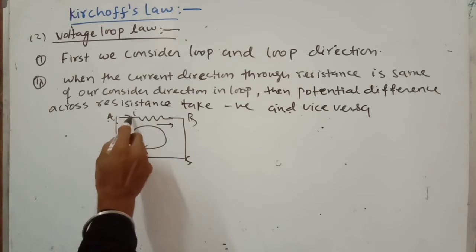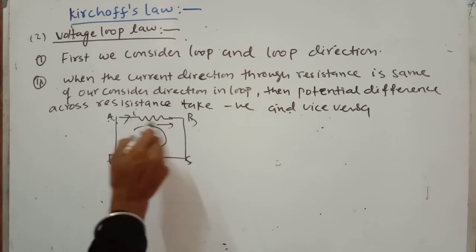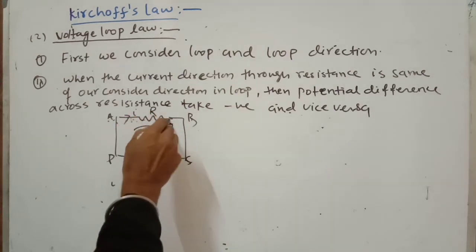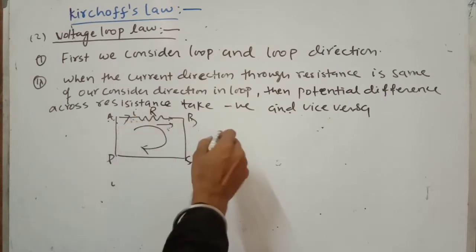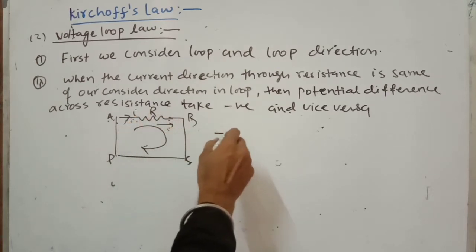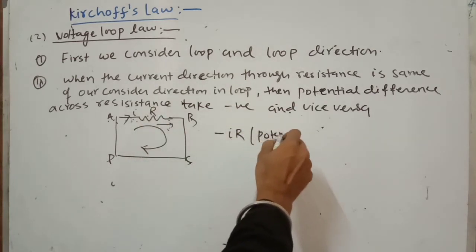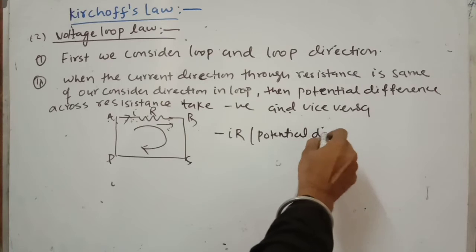That means the direction of current and your considered direction are the same. So when you write the potential difference across this resistance in the loop, you write minus IR. That means here, potential drop.